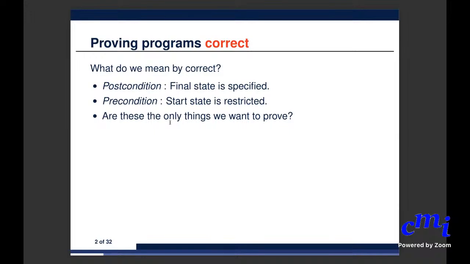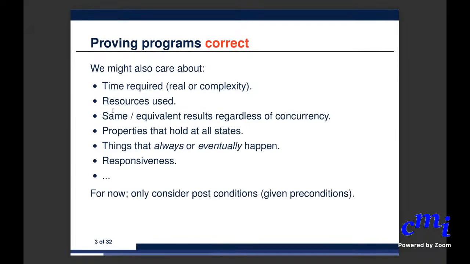But these may not be the only things that we want to prove, because there are so many other things that are of interest as well. That is not addressed by Hoare logic, but there are techniques to prove them as well. For example, you may want to show that the program executes within a certain time and using certain resources in terms of memory and so on.